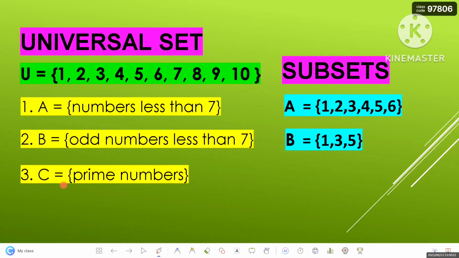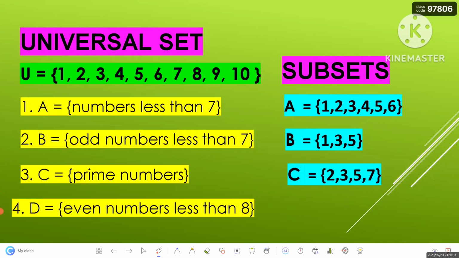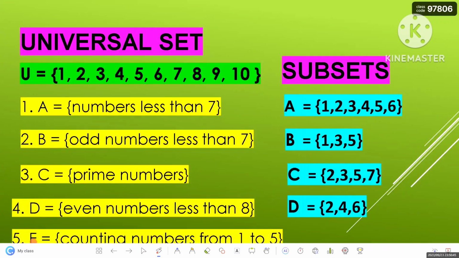Number 3, set C are the prime numbers. Again, our previous answers are set C equals 2, 3, 5, and 7. And number 4, set D equals even numbers less than 8. So the answers we have 2, 4, and 6. And last, set E equals counting numbers from 1 to 5.